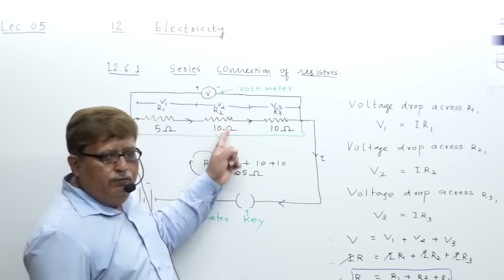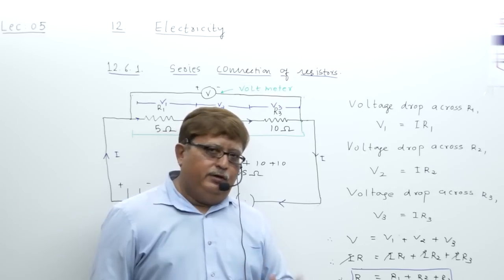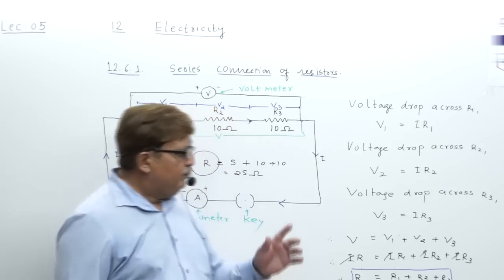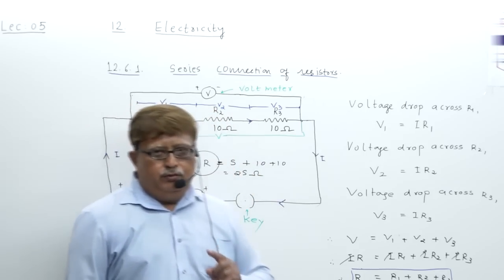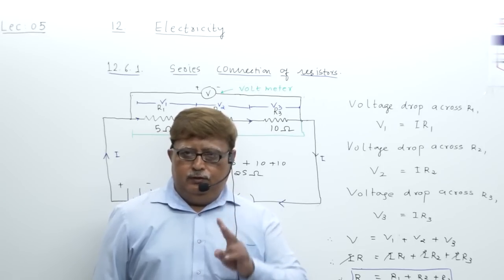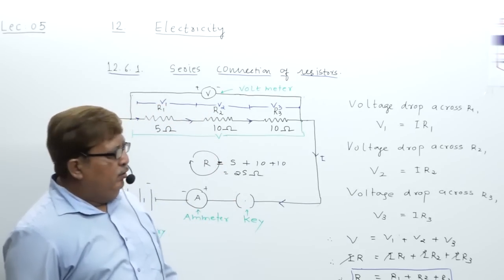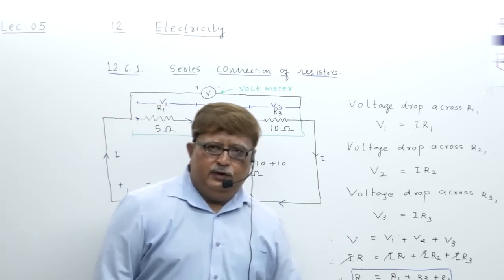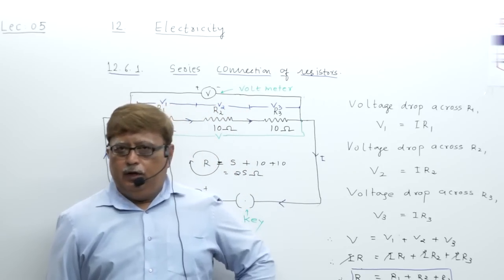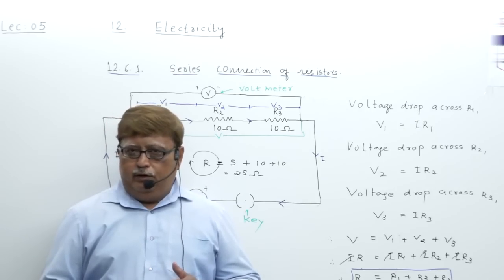First, current flowing through each resistor is the same. First property, what I spoke: current flowing through each resistor is the same. Second property, potential difference, or my dear student, you can use this word also, voltage drop across each resistor is different.